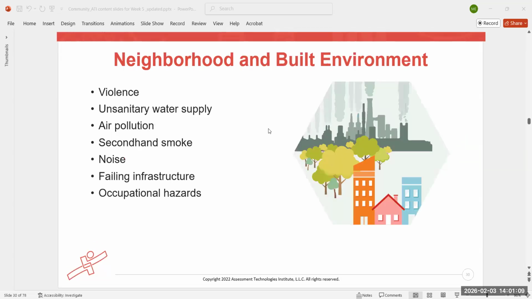Then we have neighborhood and built environment. And here we're looking at everything that surrounds the patient wherever they are. So things such as quality of air, land, water, looking at all the other surroundings. What are you going to come in contact with where you're living, where you're walking, where you're engaging?